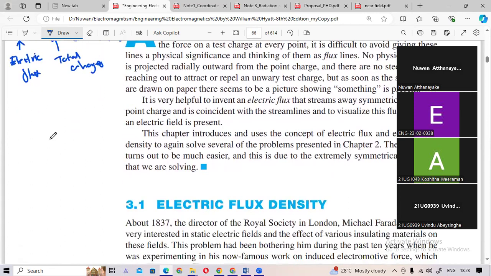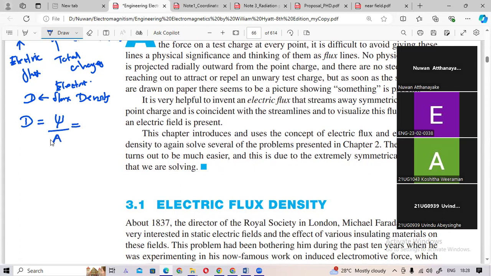And there is another parameter, that is D. D is the electric flux density, not magnetic. Electric flux density is the flux through a unit area: flux divided by area, that is electric flux density.